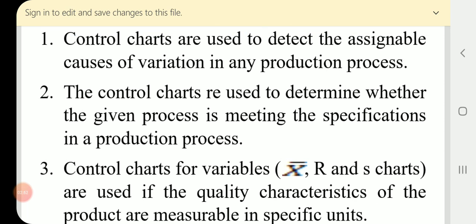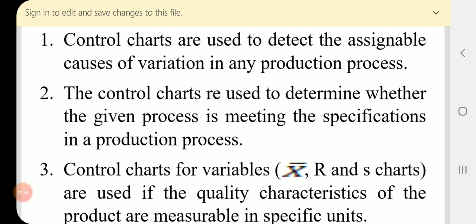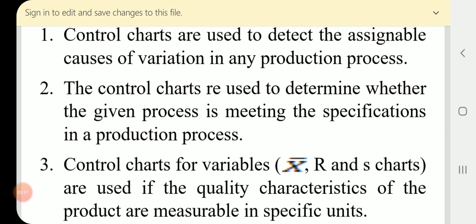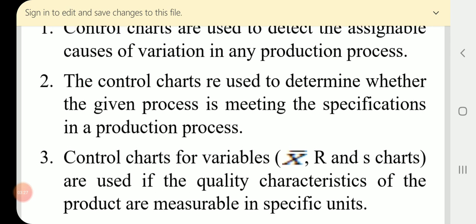For example, a car manufacturing company produces cars. The measurement is nothing but specific. They will specify this much mileage is required, etc. So, to produce electrical fans, the company specifies the lifespan of the electrical fan should be 2000 hours, 3000 hours, etc. Like, which are specifications.